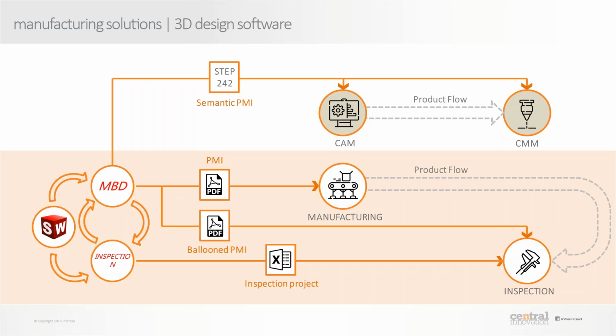So there have been some test cases which have been published for this, but that opens up the whole realm of going towards the model-based enterprise, because here you don't really need any human intervention. All of this can be directly automated using one file format, which MBD has created for you. So this is where we promote the use of the tools from SolidWorks, which are MBD and Inspection, as an integrated workflow for you.